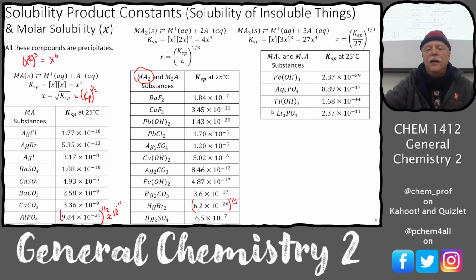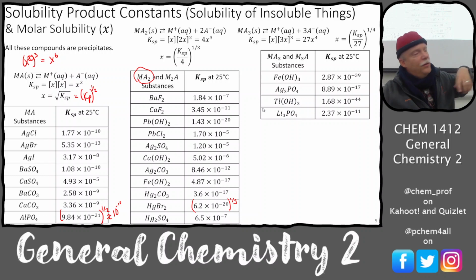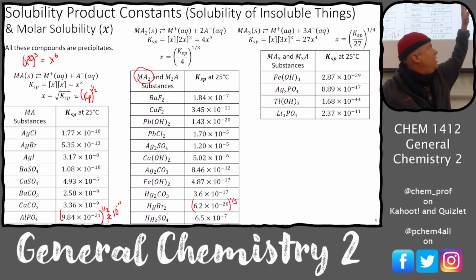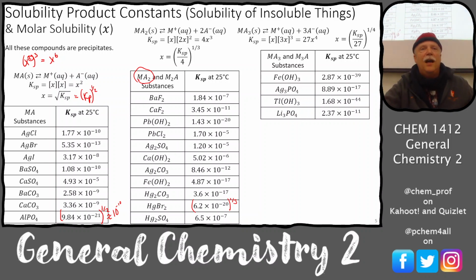And this was neat. As I was digging through the CRC, we say the group 1 cations are soluble no matter what you put them with. And sure enough, I didn't find anything in that table where you could precipitate sodium. But I did find lithium, and I thought, oh, that's interesting. So you can precipitate lithium with phosphate.